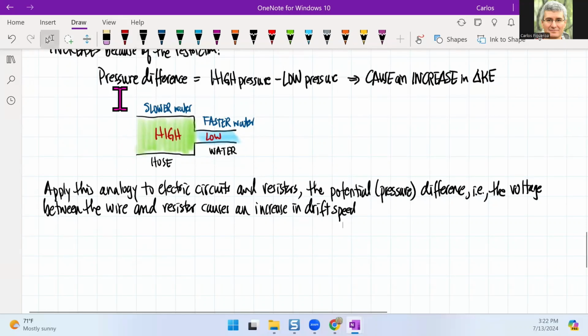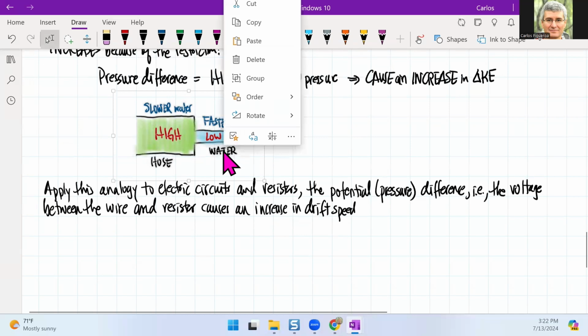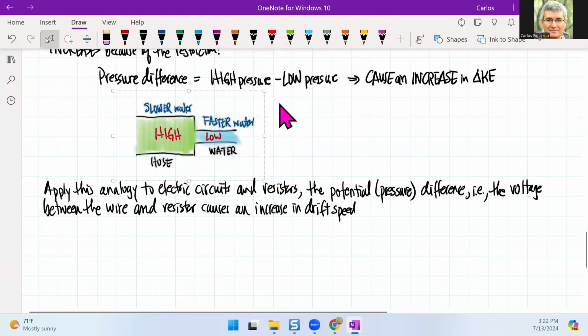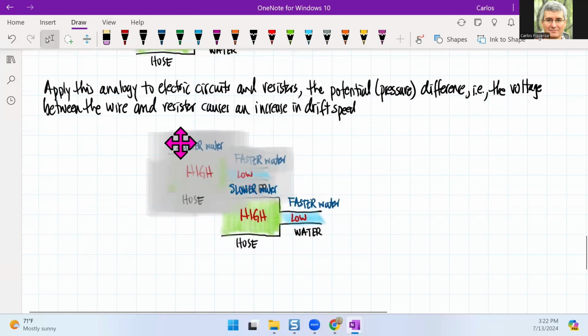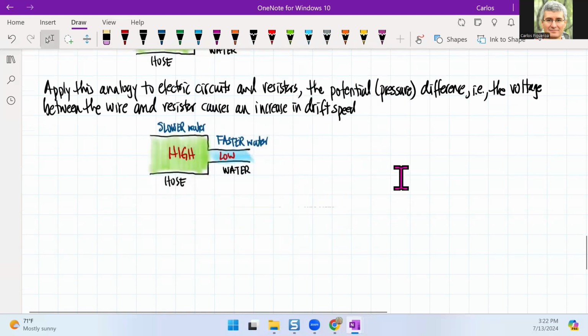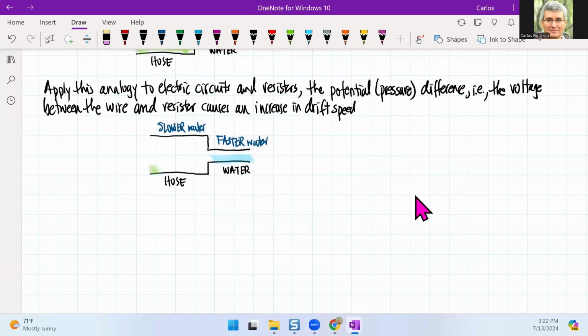So I can take this exact same thing, right? The analogy transfers extremely well. The only thing I'll do here is that we don't have a hose and we don't have water. So what do we have? We have a wire. This is my wire right here.